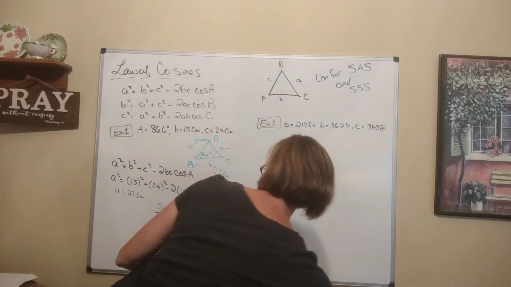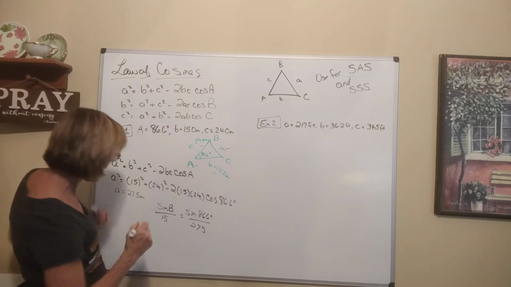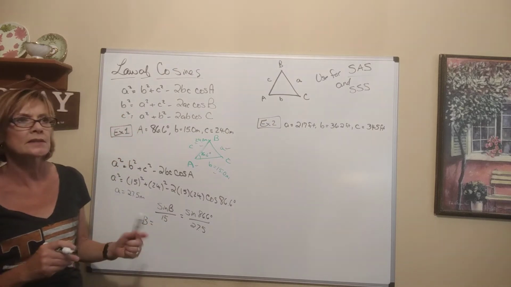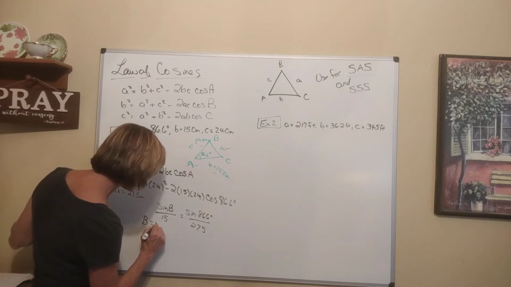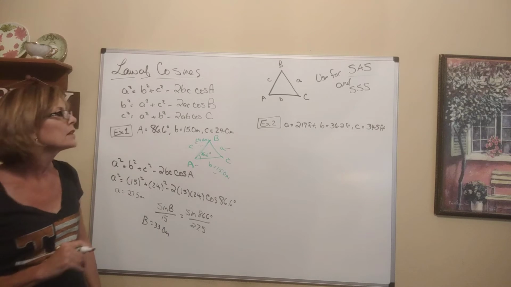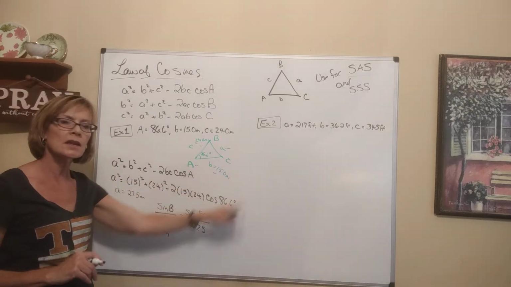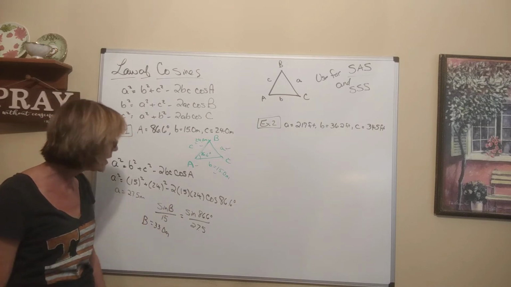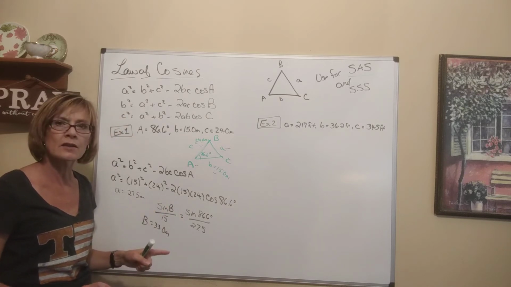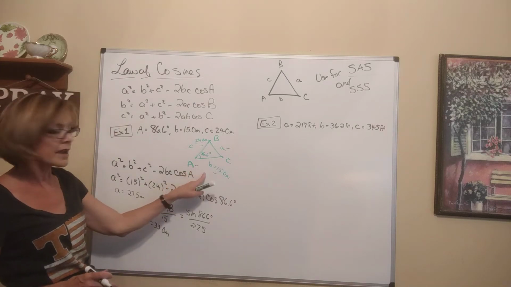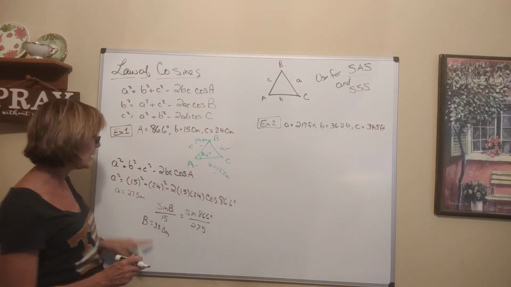Now we're rounding to the nearest tenth, right? So I have to round 32.99 to the nearest tenth, so that's going to round up to 33.0 degrees. That's B. The only thing left to do is find angle C. The easiest way to do this is to take 180 degrees, which is what all of the angles add up to, and subtract angle A, which I know, and subtract angle B, which I know.